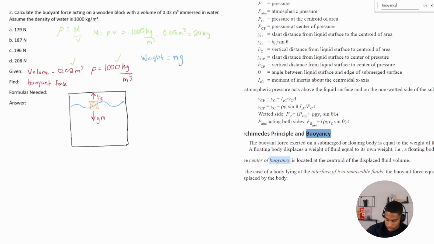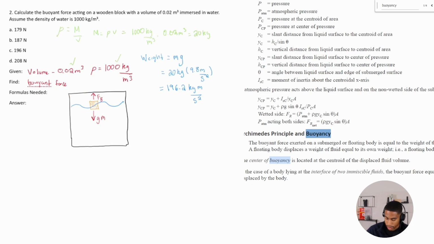So what is the mass? 20 kg times 9.8 meters per second squared. And that gives us what? Should get 196.2 kilogram meters per second squared.